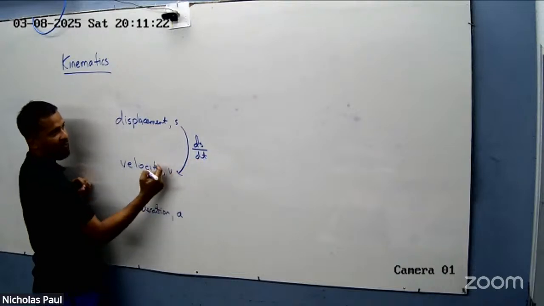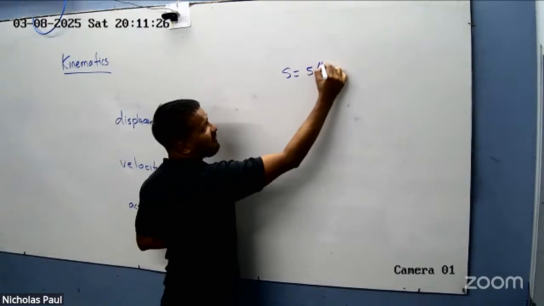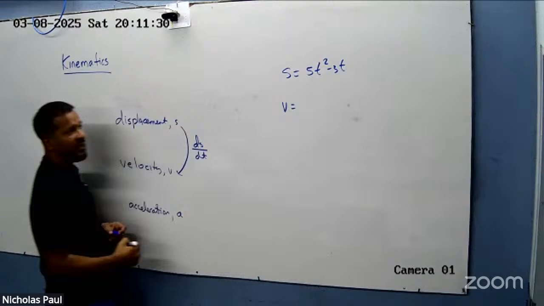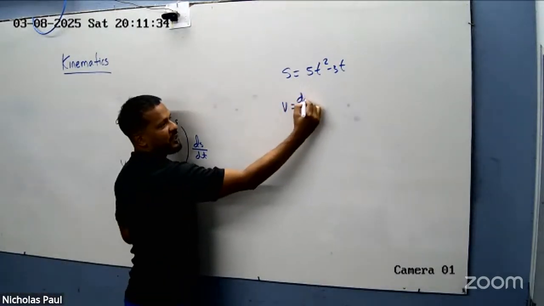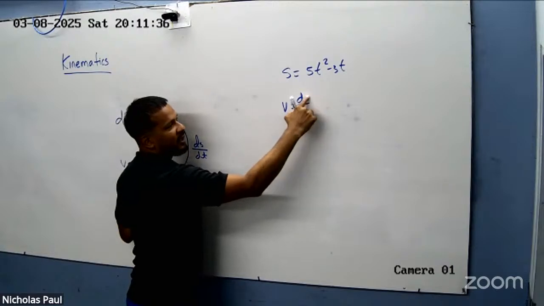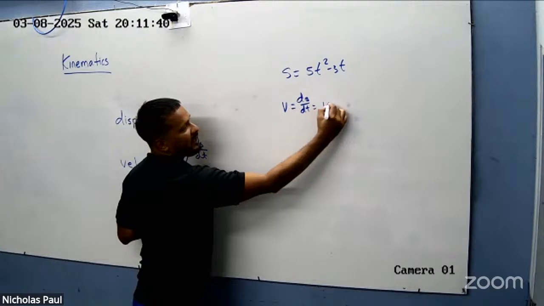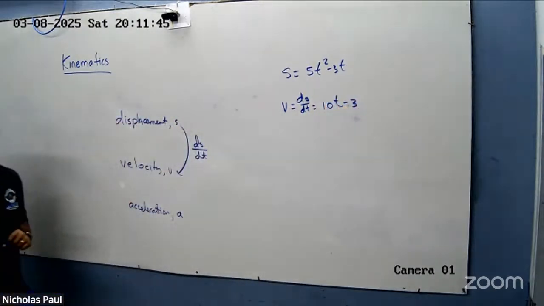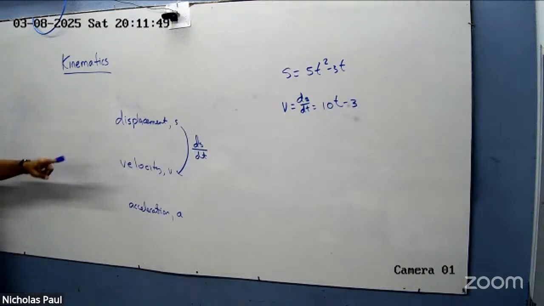If I give you an equation like S is equal to 5t squared minus 3t, and I say find the velocity, all you have to do is differentiate the displacement with respect to time, and you'll get 10t minus 3.